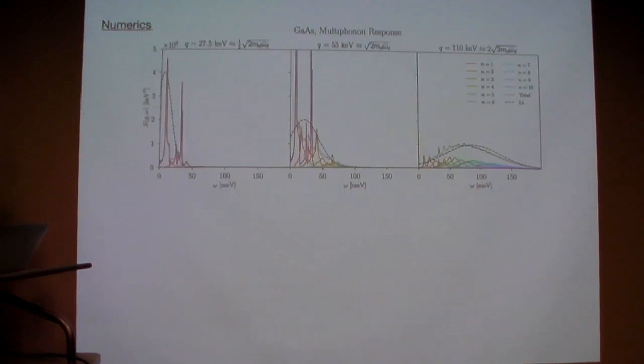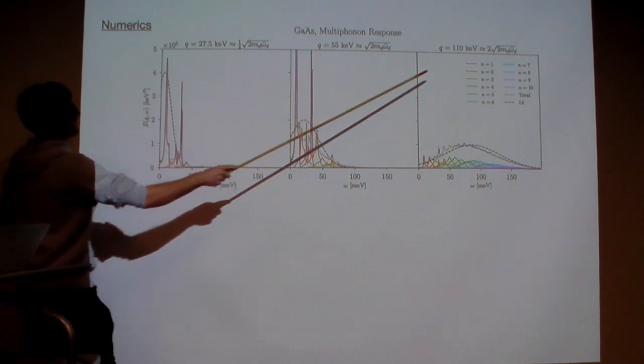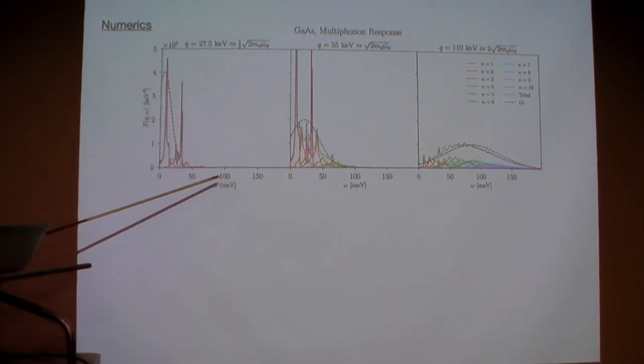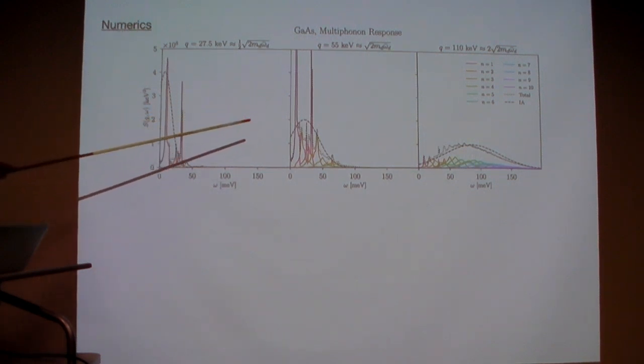What this looks like numerically is the following. This is again the differential cross-section, for low momentum, intermediate momentum, and very high momentum, where we're plotting energy versus rate. The different colors indicate the number of phonons that you're exciting.